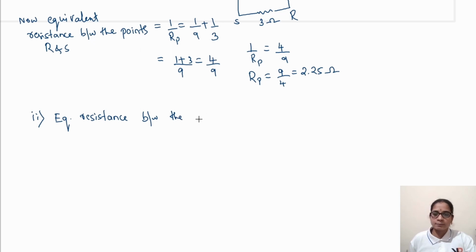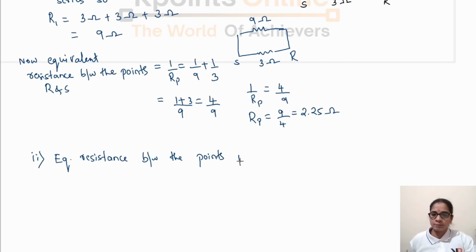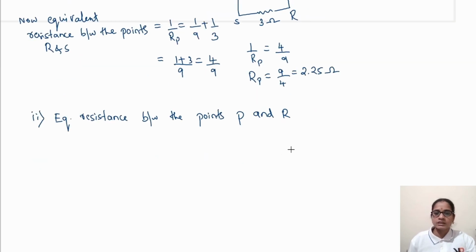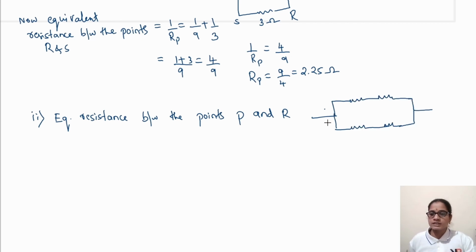This is the point P and this is R. We have 3 ohm resistance for all these resistors. Now let us calculate the total resistance for this series connection and also for this series connection.